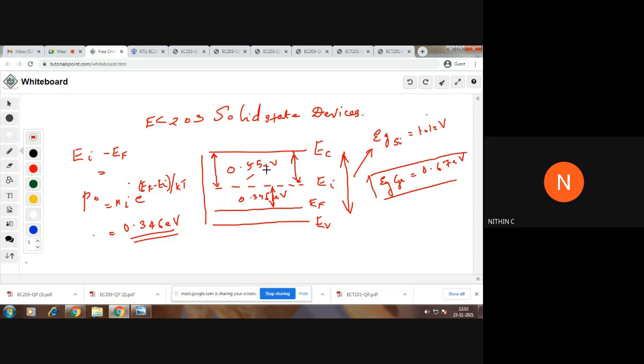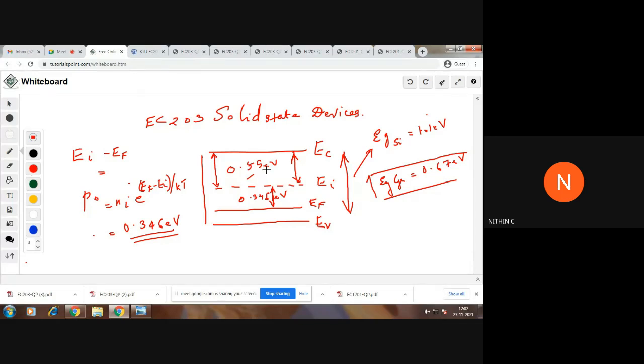So this question is pretty easy. One very easy expression is N0 P0 is equal to Ni square. With that expression, you could find the electron concentration and hole concentration. Then by using the expression P0 is equal to Ni e raised to Ef minus Ei by kT, you found the Fermi level difference.